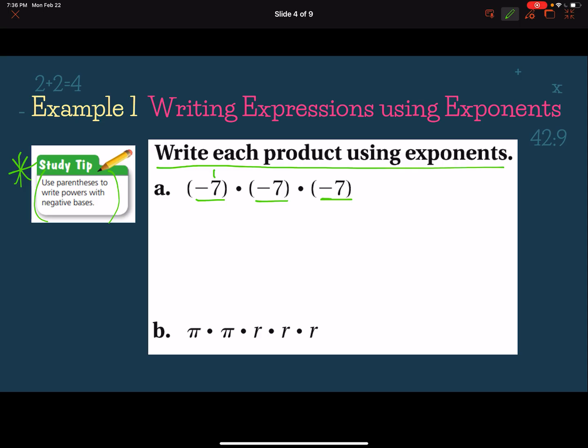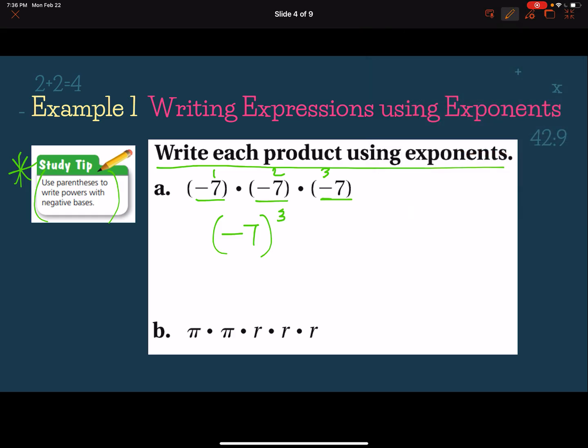So I've got 1, 2, 3 negative 7s that I want to multiply. Because negative 7 is used as a factor 3 times, its exponent is going to be a 3. So for our answer, writing the product using exponents, we're simply going to include our negative with our 7, and our exponent is going to be a 3.